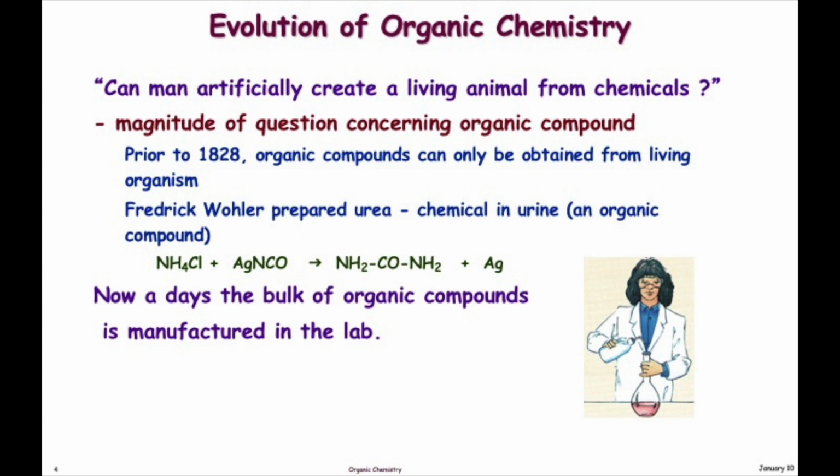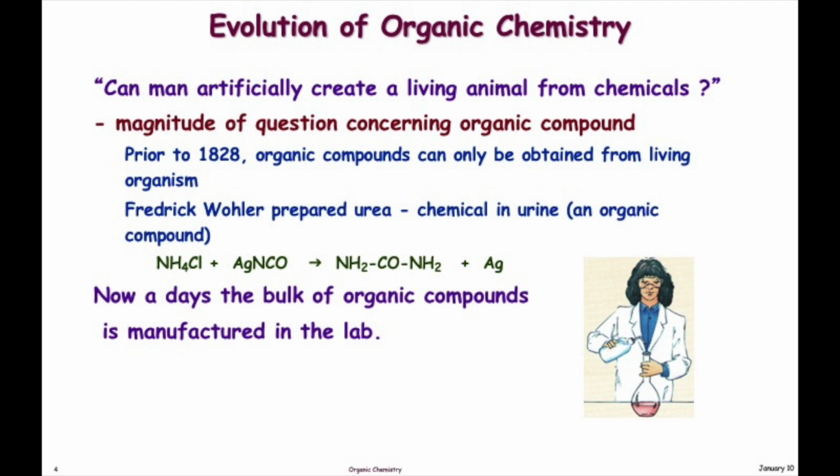A guy by the name of Friedrich Wöhler was the first scientist given credit for synthesizing an organic chemical. Back then, right around 1828, they thought, like I said, you can only find organic chemicals in plants or animals, and you can isolate them by extracting them.